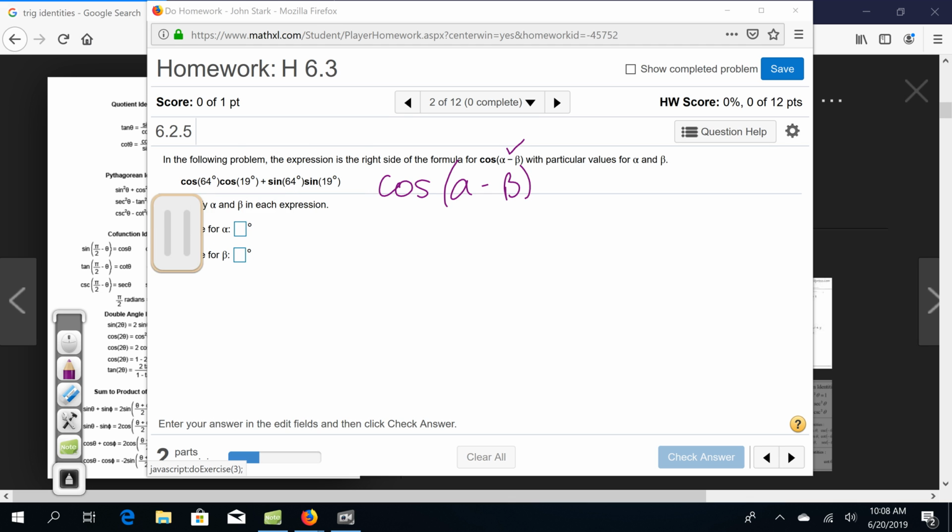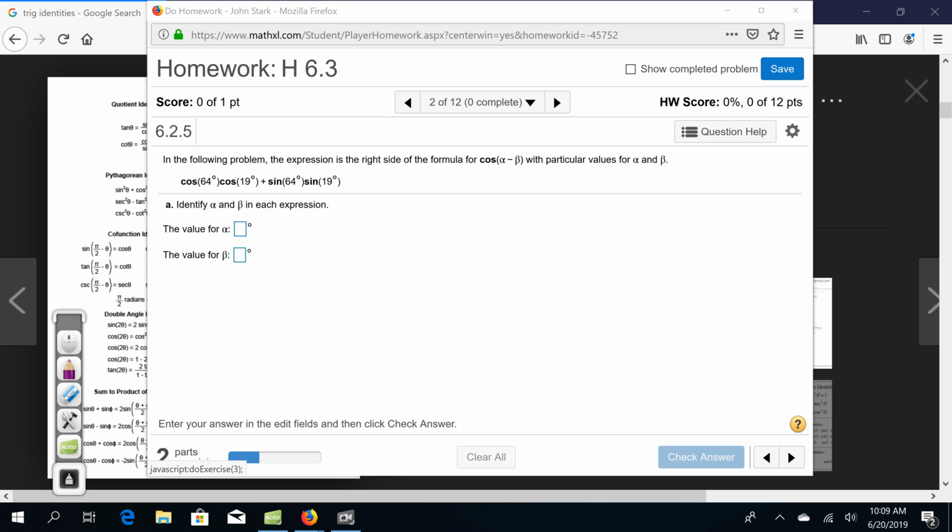Now, if you look, what they want us to do is find the value for angle A, right? And so we're going to use these identities to do that. If you go in and you try to find out what the answer to these problems are using a calculator, it's going to give you some information that's incorrect.